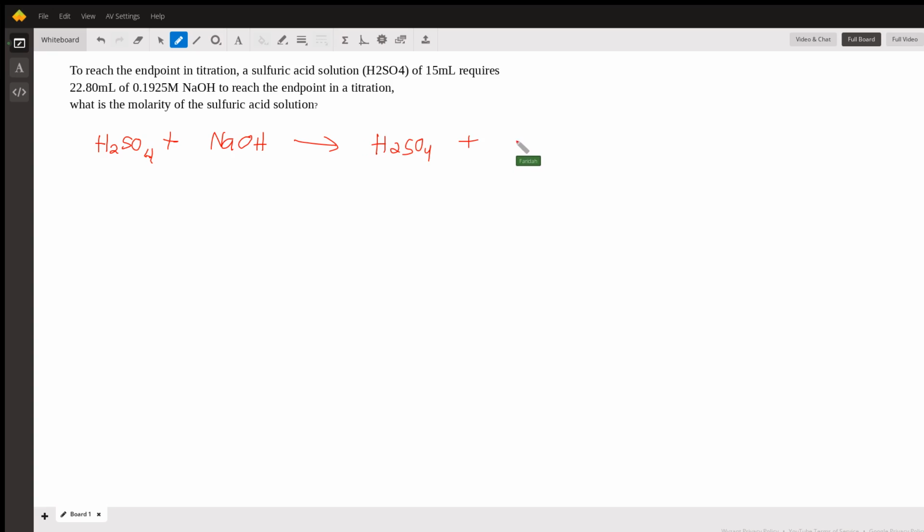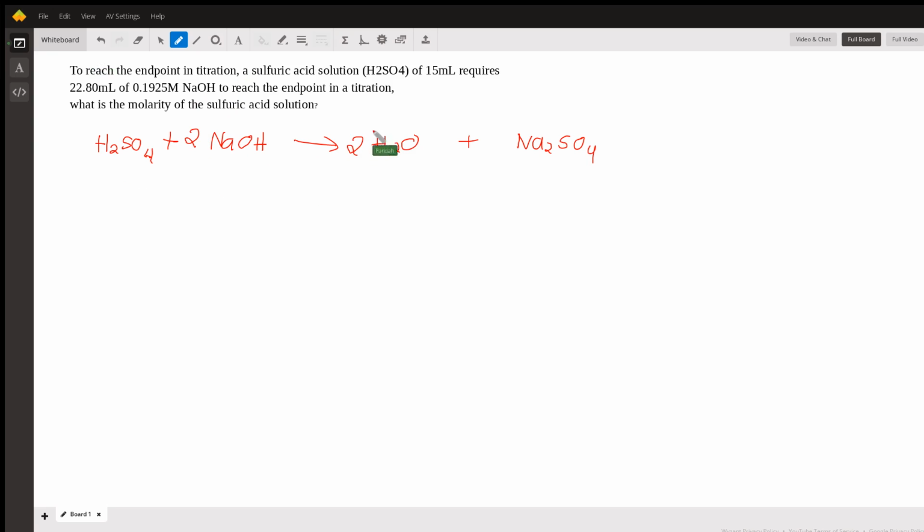The salt is Na2SO4. Once you balance it, you will notice that the sodium hydroxide is going to be 2 and the water also is going to be 2.